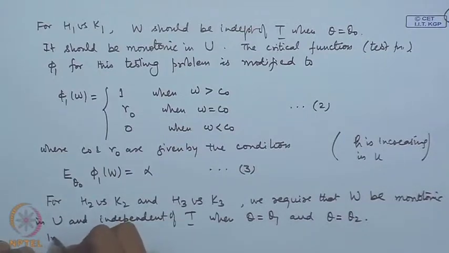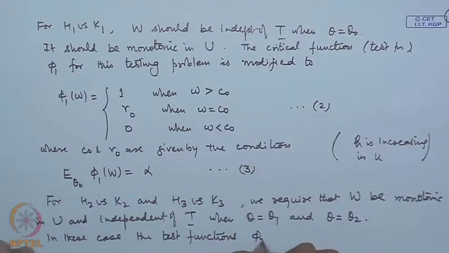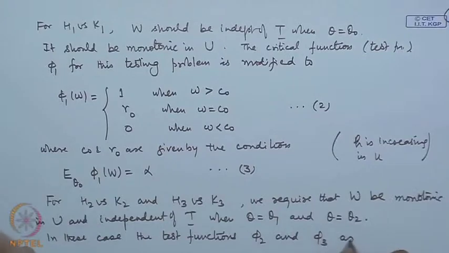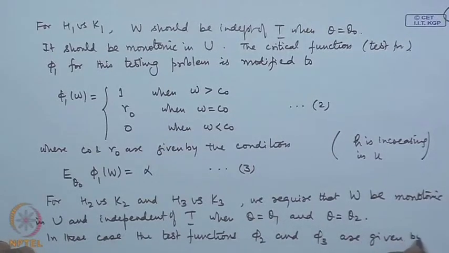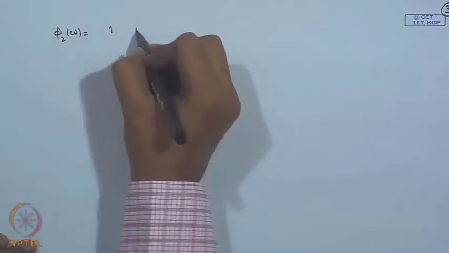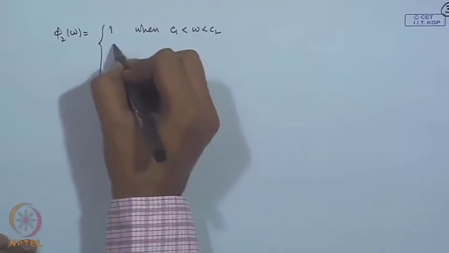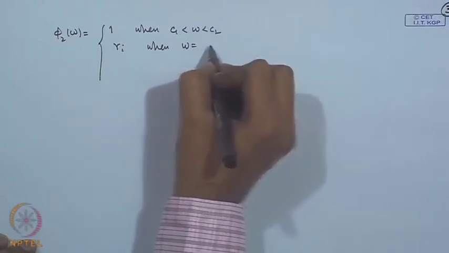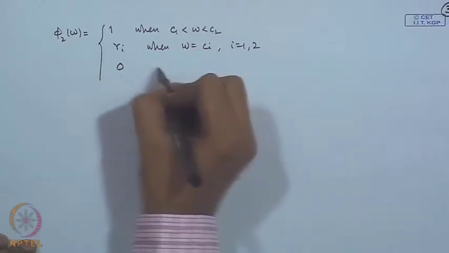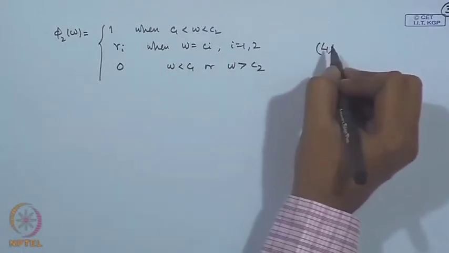So, in these cases the test functions phi 2 and phi 3 are given by: phi 2 of W is equal to 1 when C1 is less than W less than C2, it is equal to gamma i when W is equal to C i, i is equal to 1, 2, and it is equal to 0 if W is less than C1 or W is greater than C2.